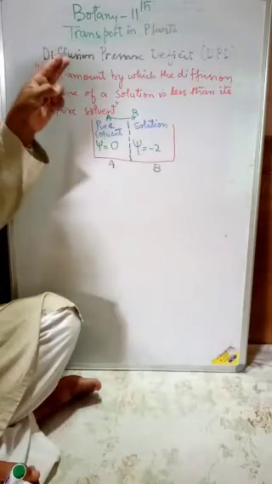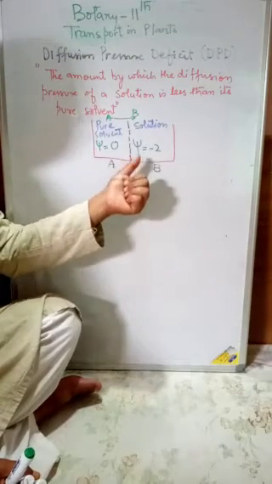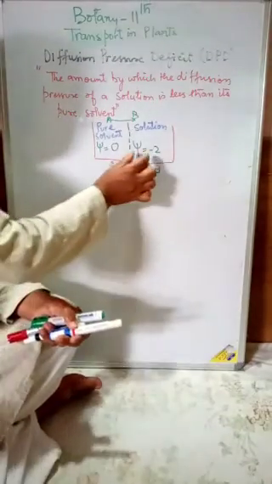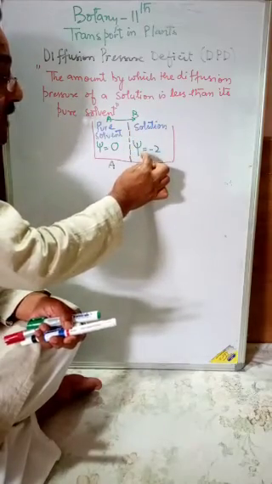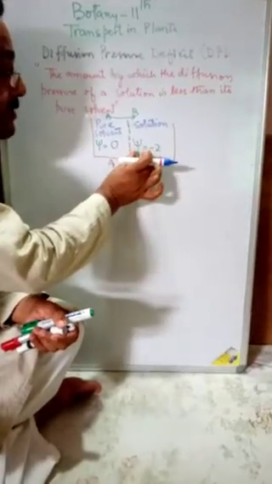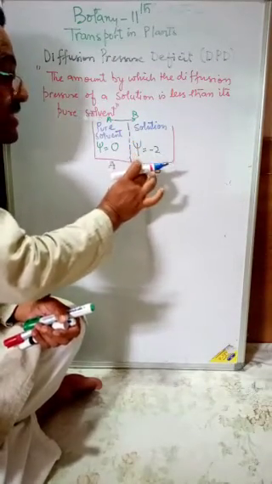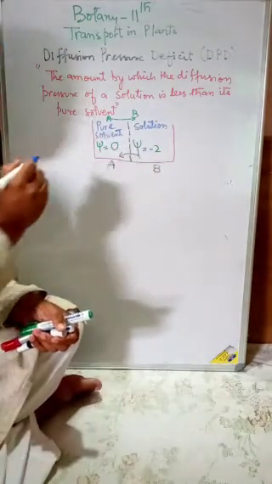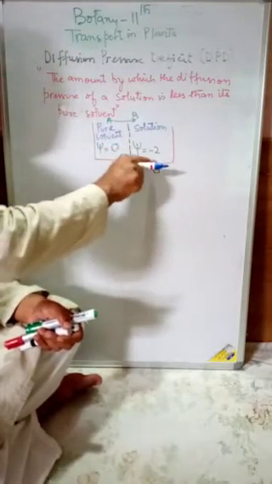Now, in this context, we have to define the diffusion pressure deficit. What is the diffusion pressure? The diffusion pressure of B should be such that water can move from B to A. So how much diffusion pressure is deficit in this B compartment, so that water will flow from A to B, because it is less than this A. There is a deficiency of this water potential.